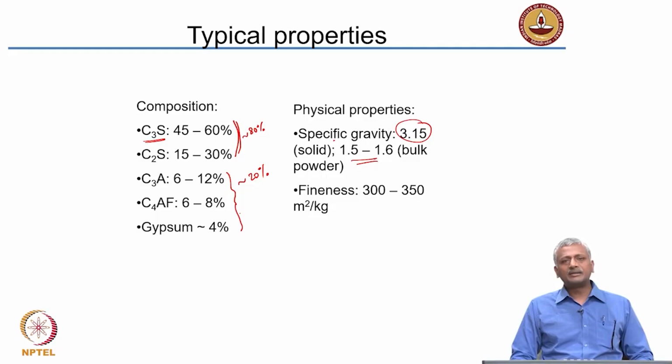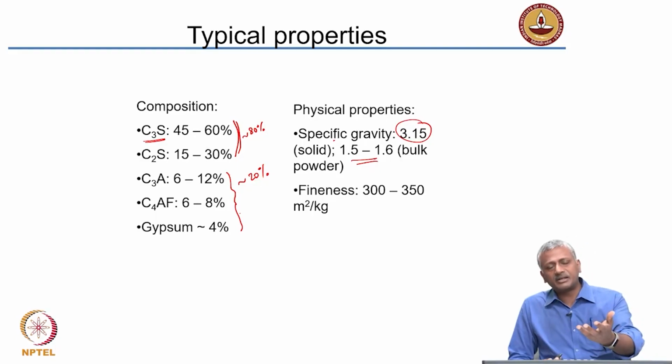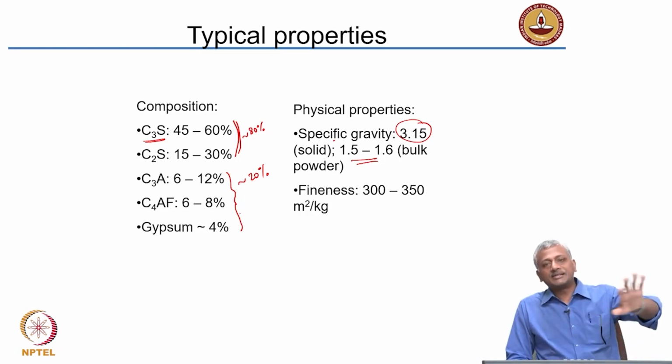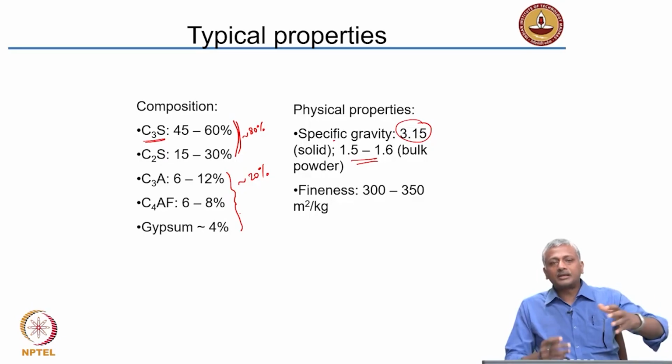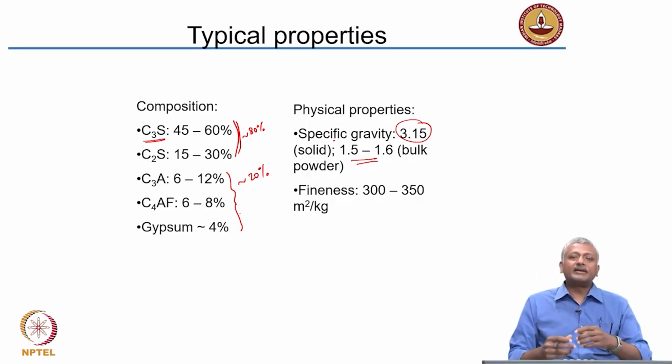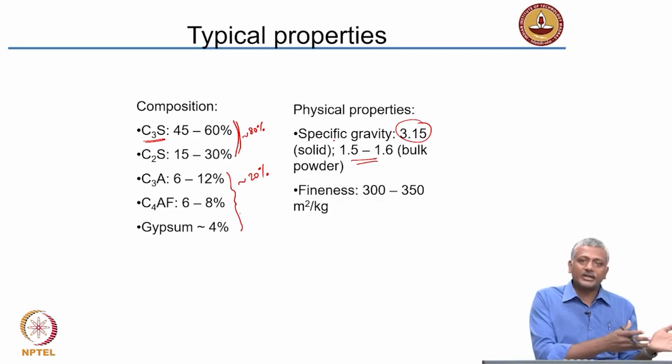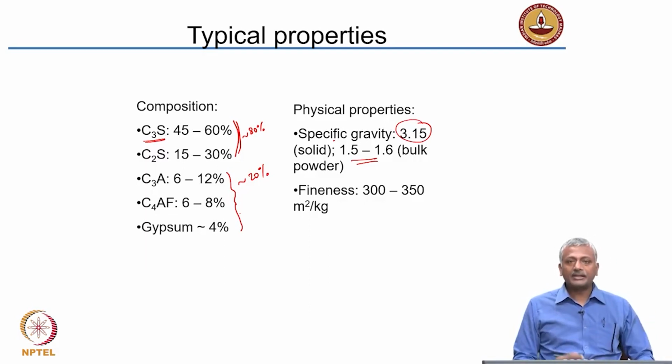You would have seen this in any solid that you deal with. Even if you take sugar, measure the density separately, but then put it in a container and measure the density, you will find that the bulk density in the container is smaller than the actual solid density of the sugar. That is because it is not packing without any voids in it.